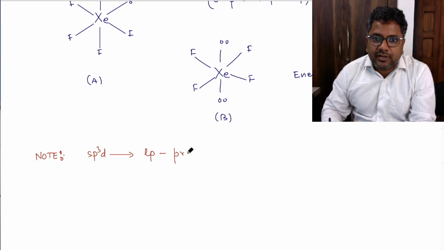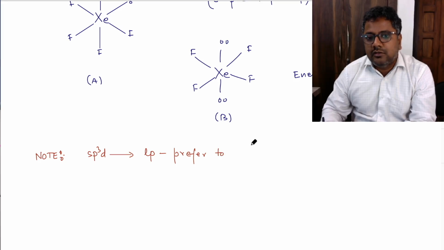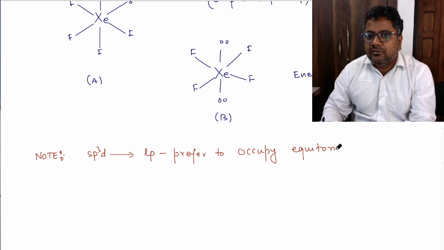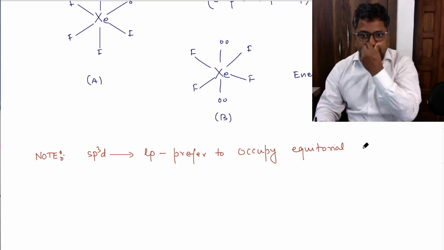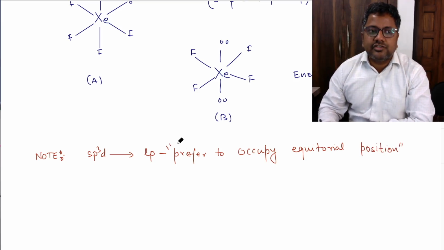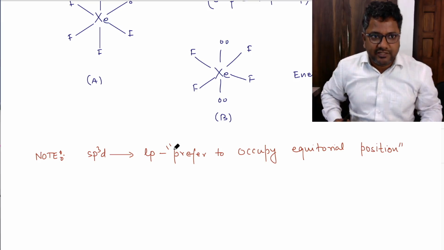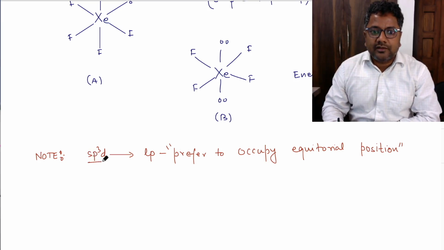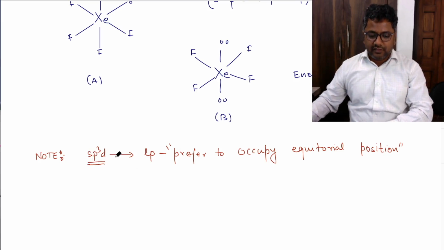So lone pair prefers to occupy the equatorial position, because that is more spacious, in fact.